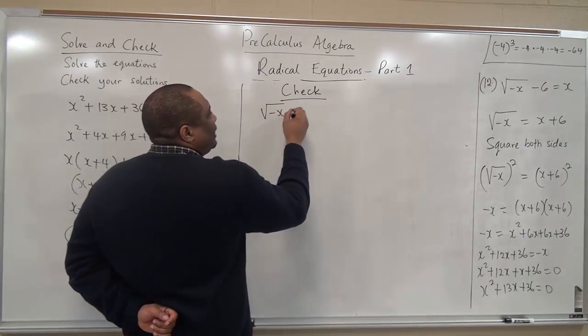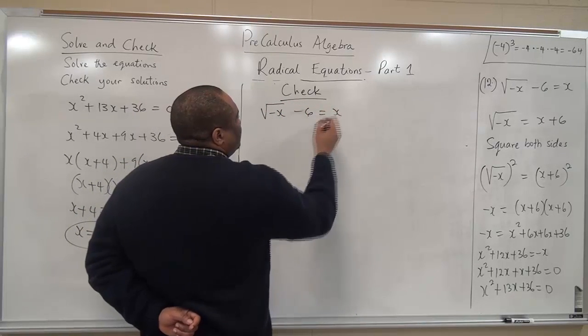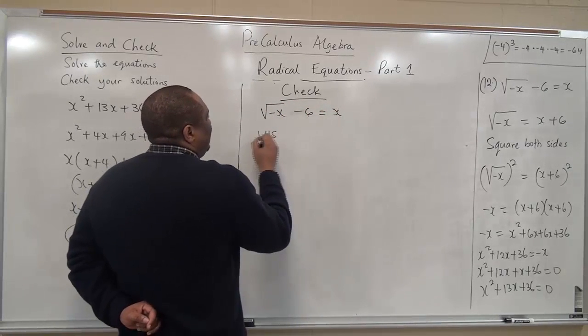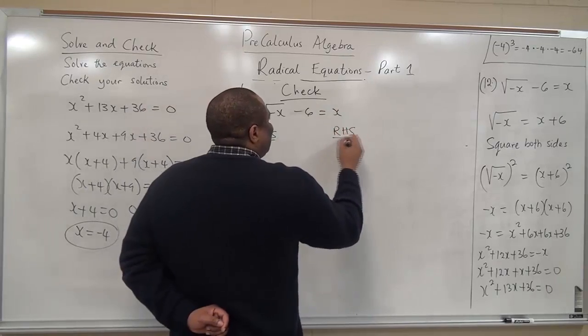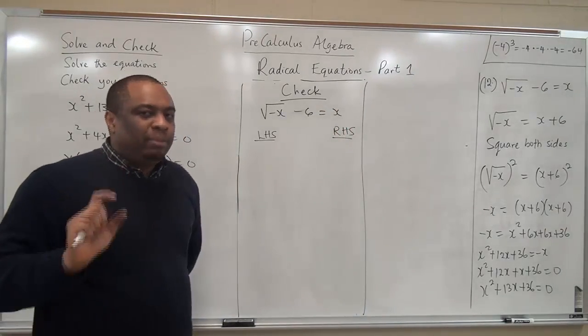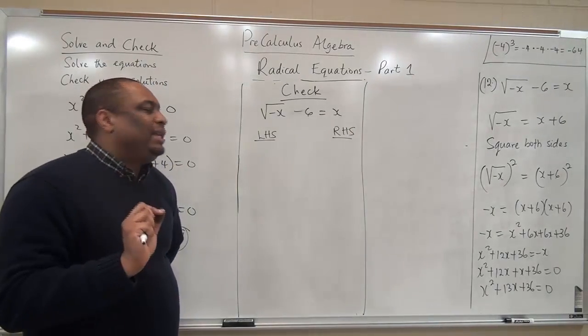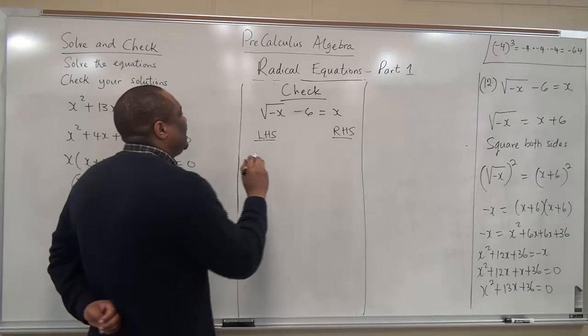Square root of negative x minus 6 equal to x. Left hand side, right hand side. Like I said, when you check, you have to check with the main equation, not the modified equation. Okay, we've discussed that before.